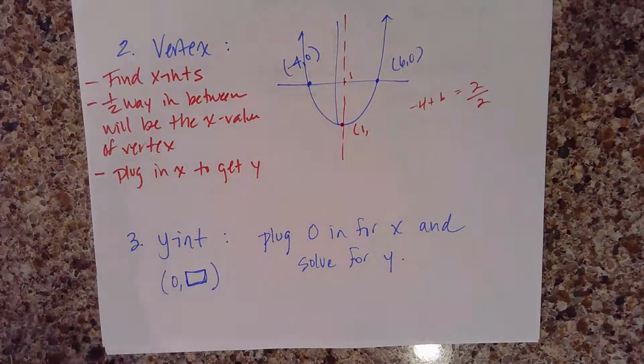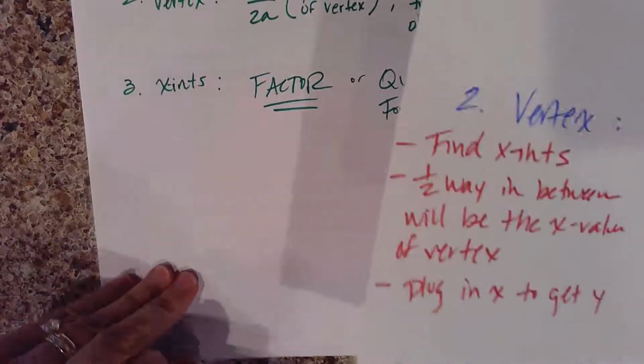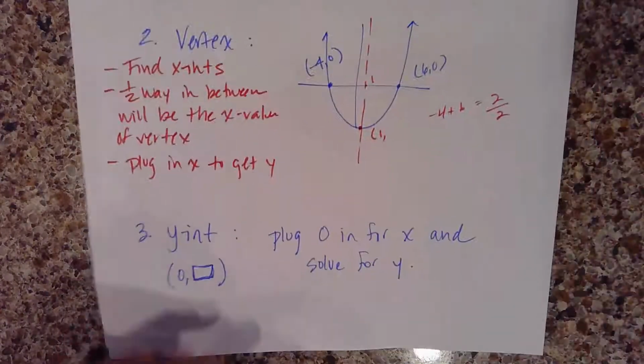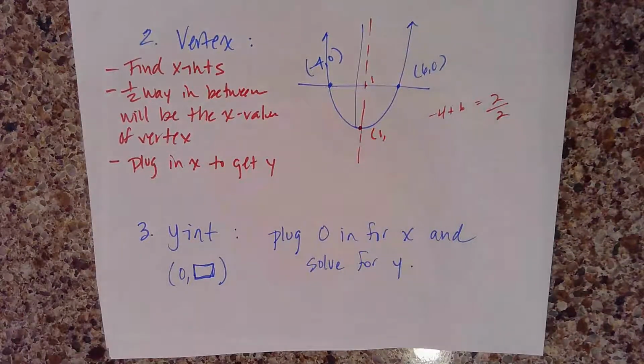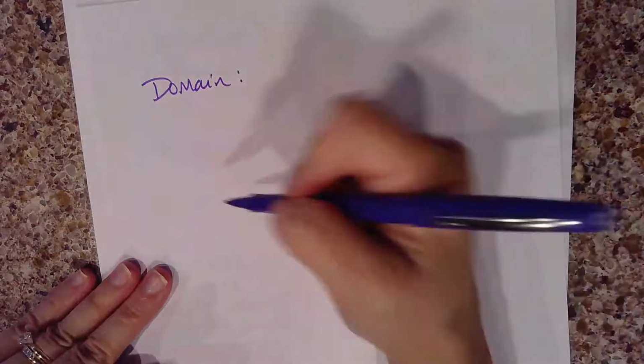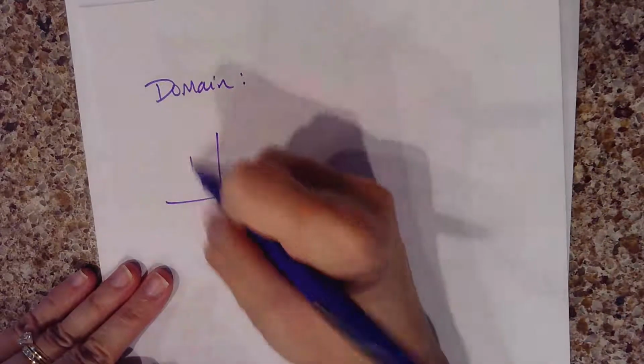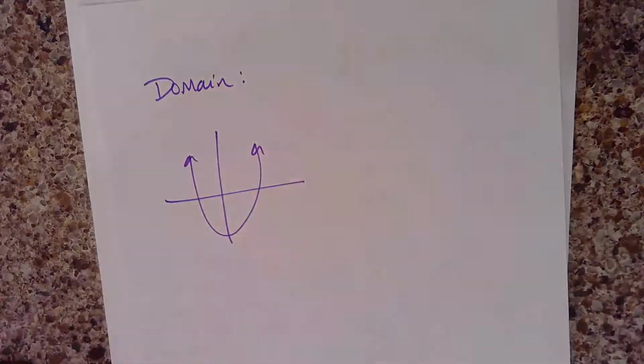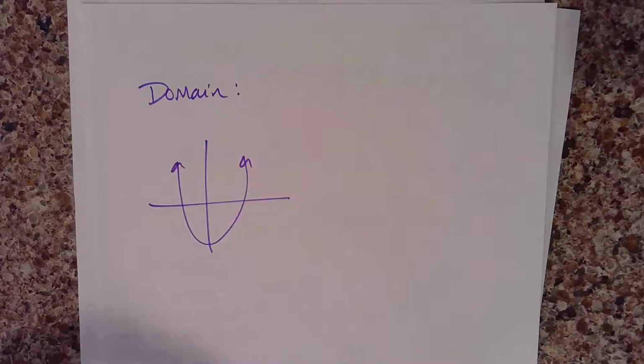So those are the two new forms, other than the vertex form that we've talked about specifically in the last units. The only other thing I want to talk about is domain and range, and I'm going to add on this here. I talked about this in class, but again, domain and range, just as a recap. If you have a function, any quadratic, I don't care what it is, the domain's always going to be all real numbers.